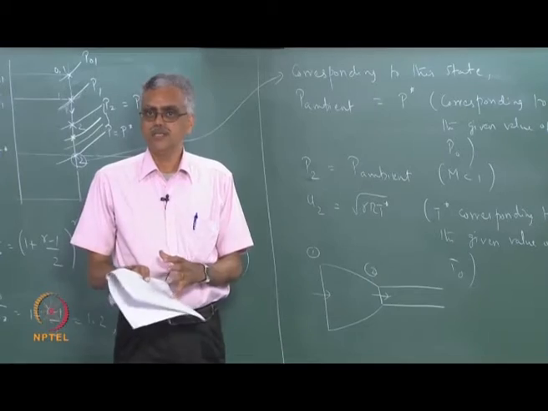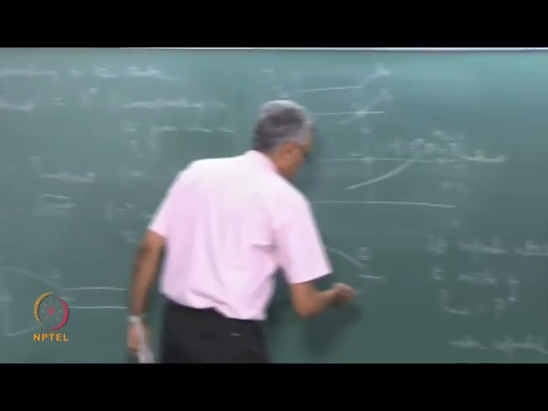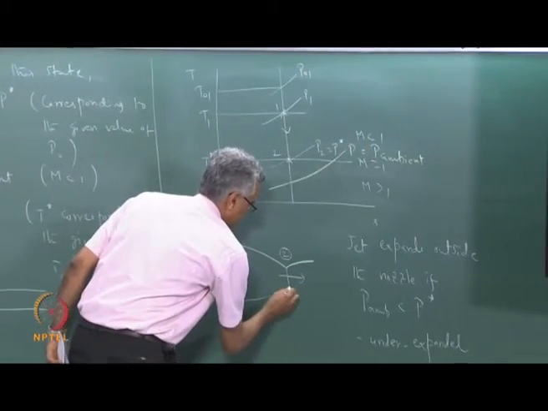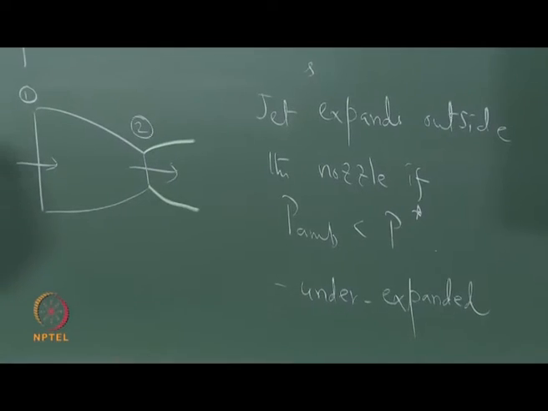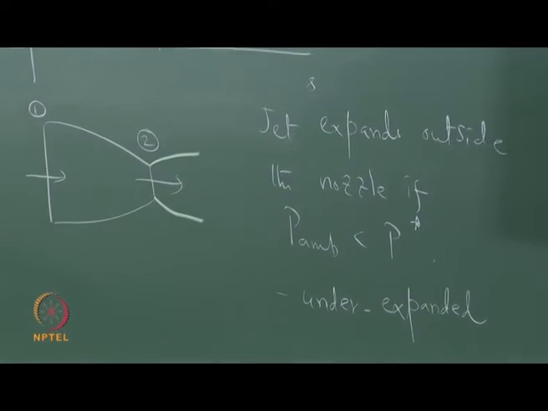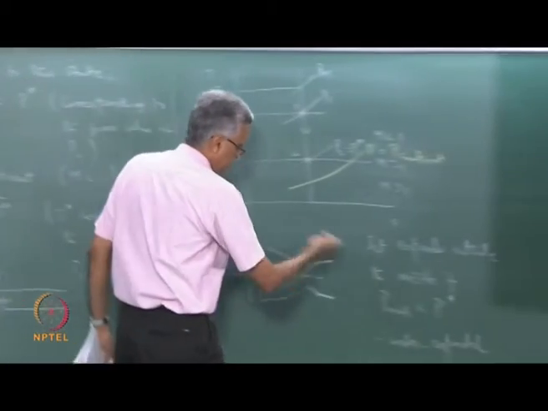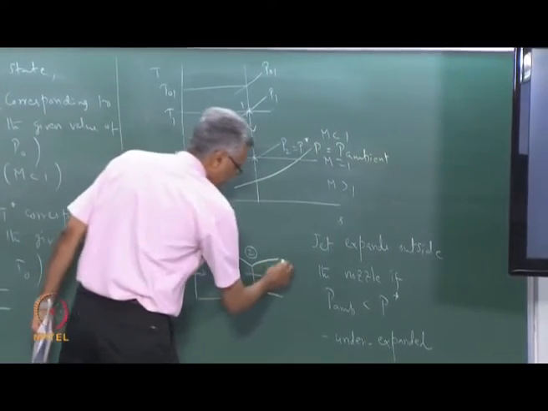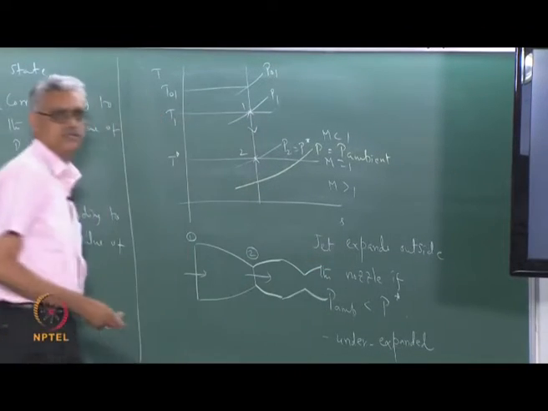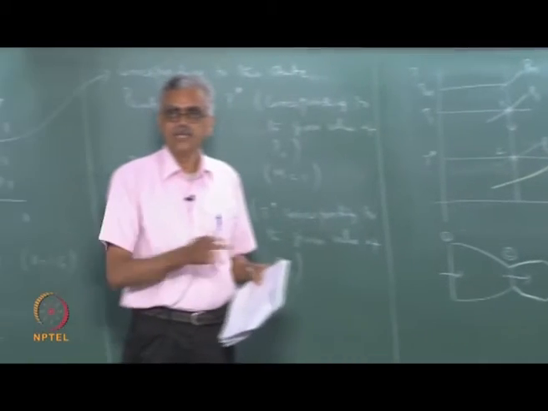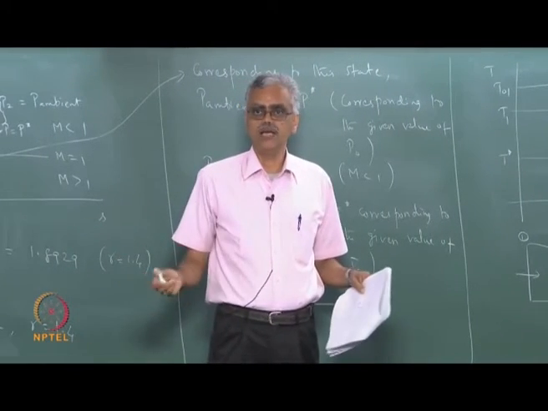So the jet actually swells. The expansion process takes place like this. So the jet actually swells when it comes out. So it expands outside. But it cannot continue to do this. The jet will expand and then it will shrink, and then it will expand again. So it will keep going like this until it finally equilibrates with the atmosphere or the ambient condition.